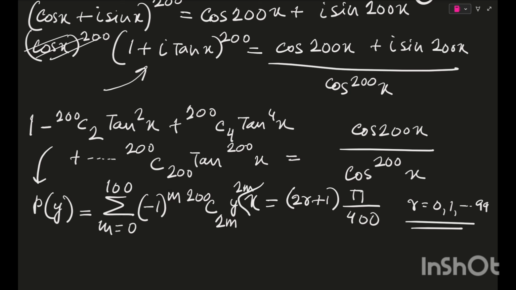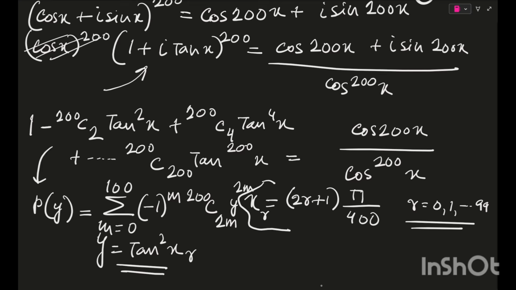Please ignore this. Obviously here y is equal to tan square x. Now tan square xr, for r equal to 0, 1, 2 up till 99, are the roots of this equation.